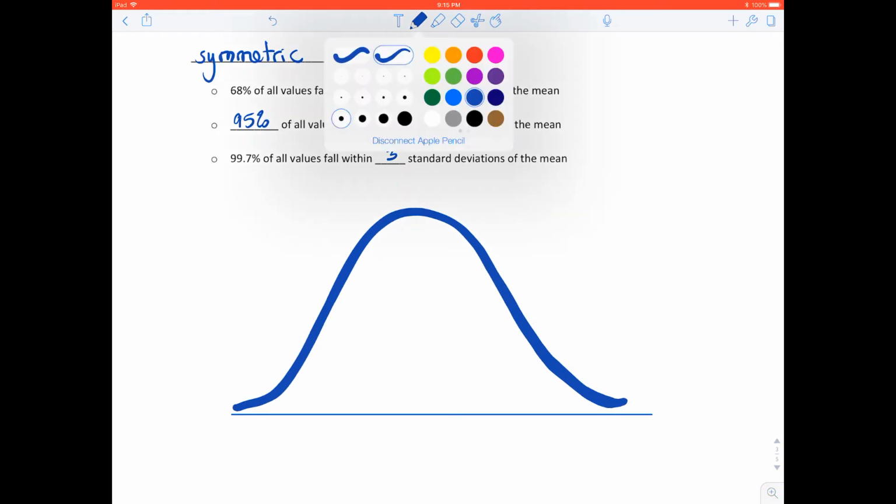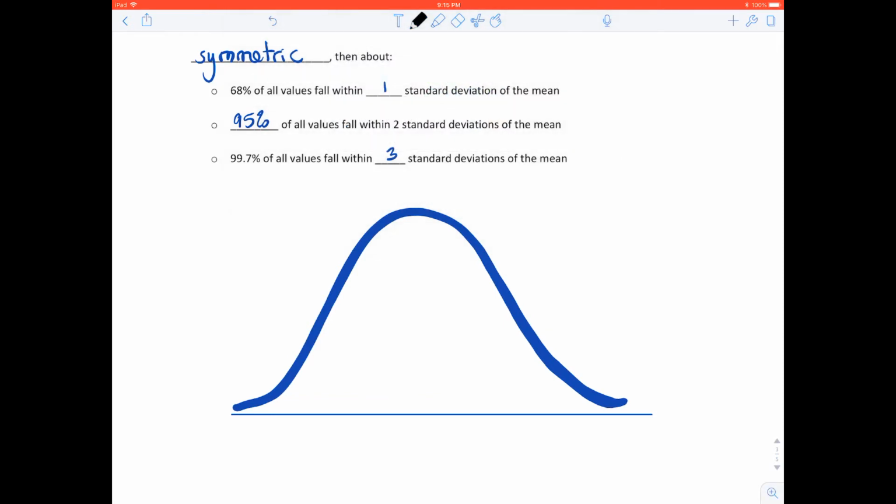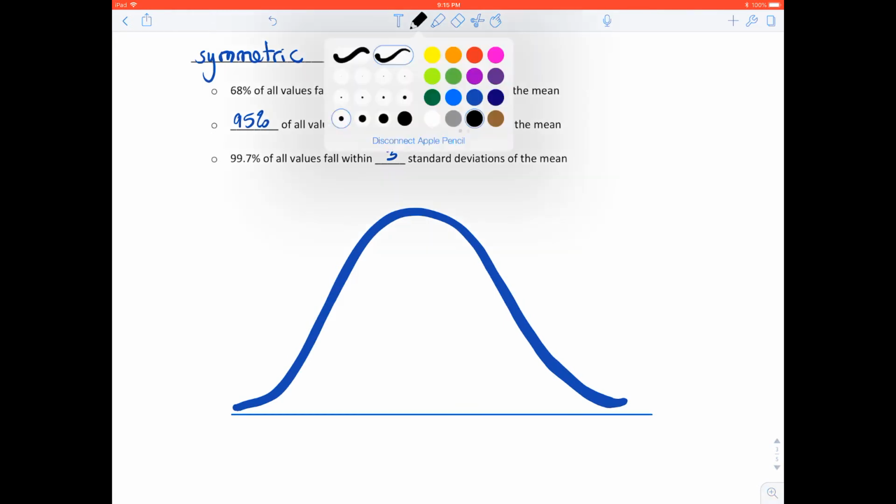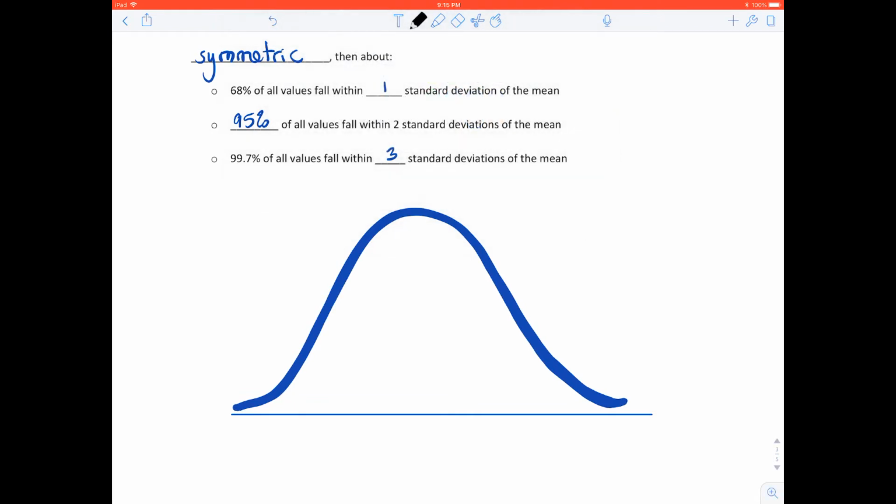Okay, that went pretty well, finally. So here we go. This is kind of a hump. If you have symmetric data, it sort of looks like a hump. And what happens is this. We have our mean in the center, right here. So this will be our x bar.